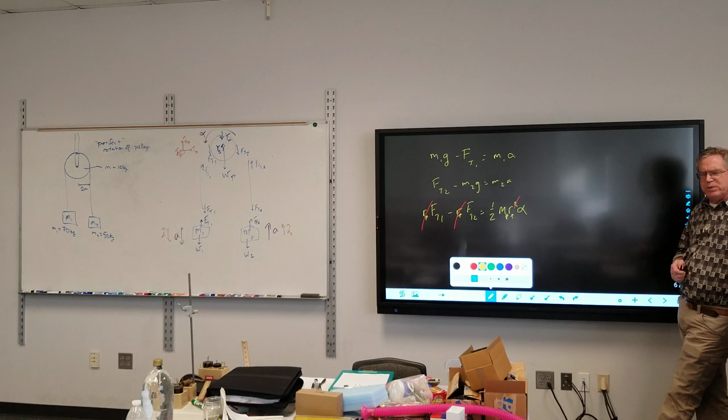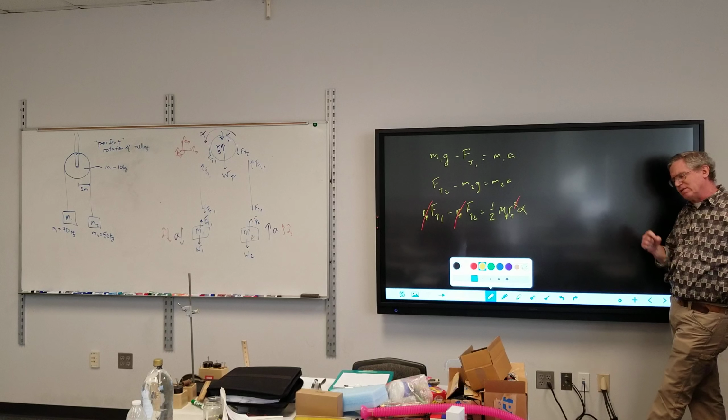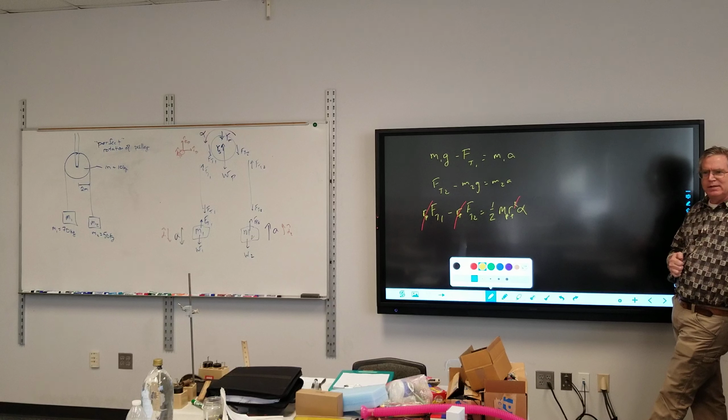Now, what's the relationship between A and alpha? Alpha is the angular acceleration and A is the linear acceleration. What's the relationship, if I have an object spinning, between speed and angular speed? Between V and omega?